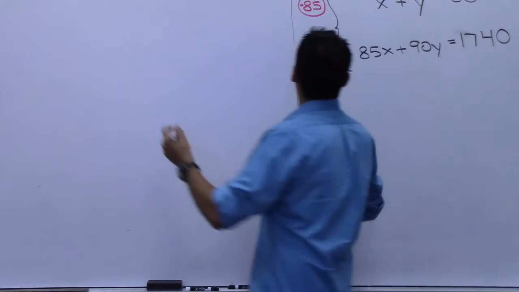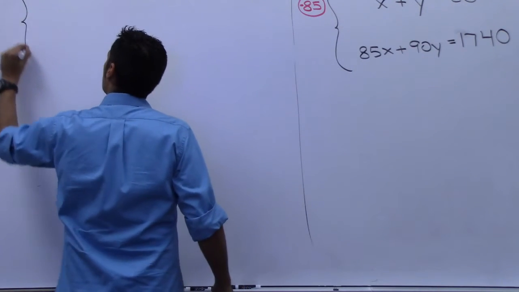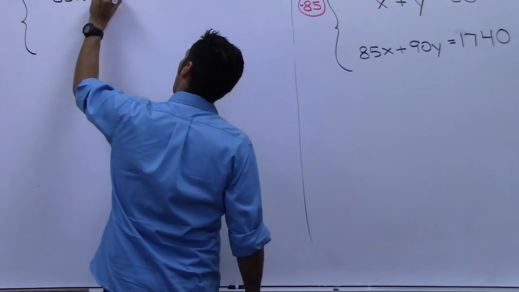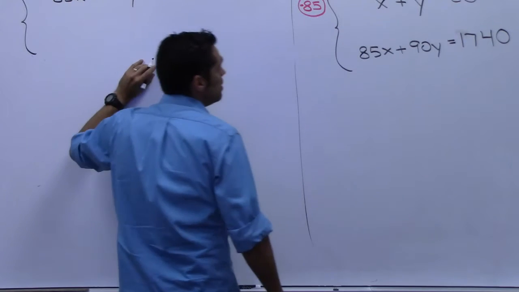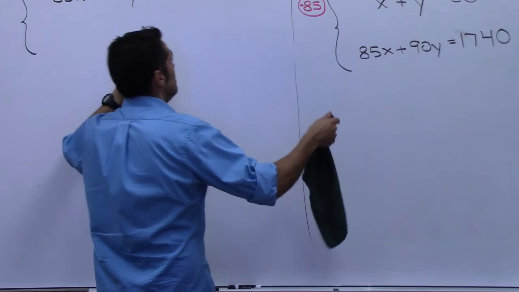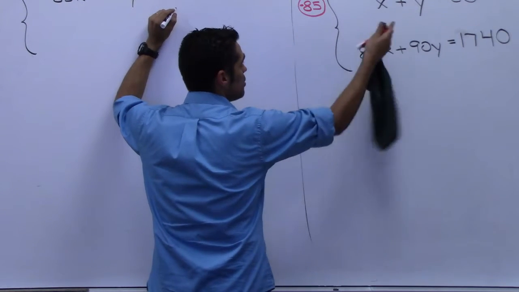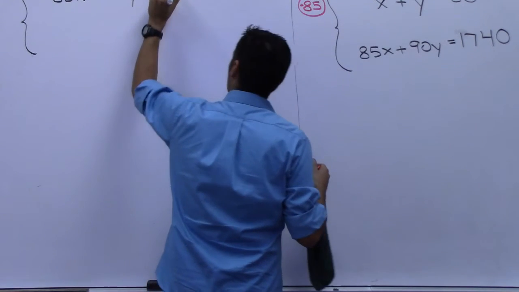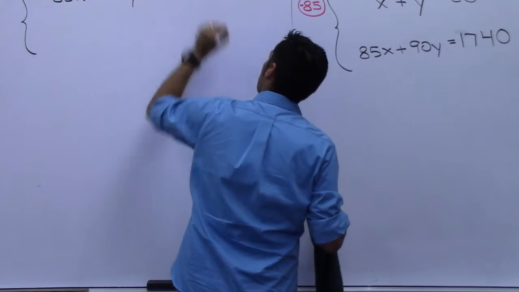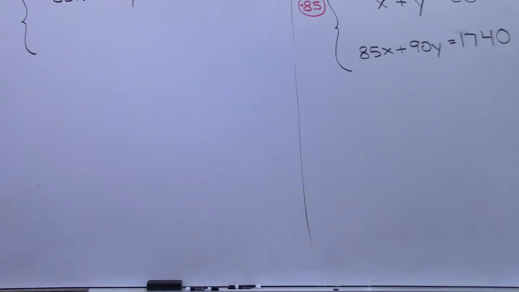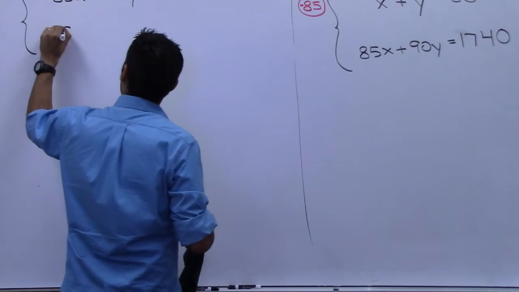Rewrite the system of equations. You have negative 85x minus 85y equals negative 85 times 20, negative 1,700. Rewrite the second equation, don't change it.